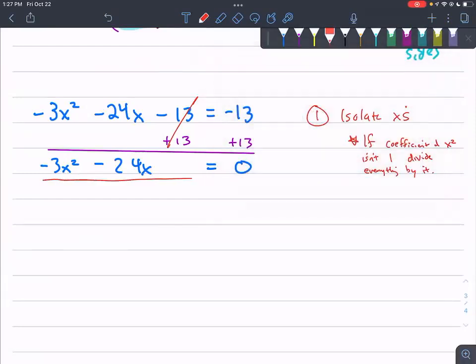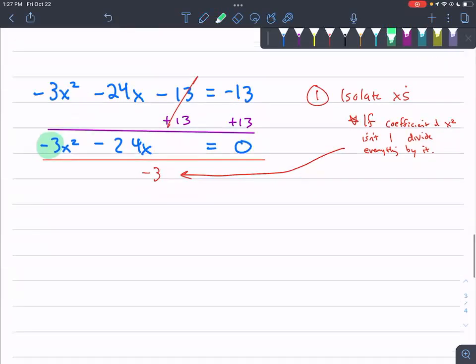So here we're going to divide everything by what? Negative 3. So let me highlight that number in front of x squared that is not 1. We're going to divide everything by that. And then after we do that, the process is just the same. So negative 3 divided by negative 3 is just 1.